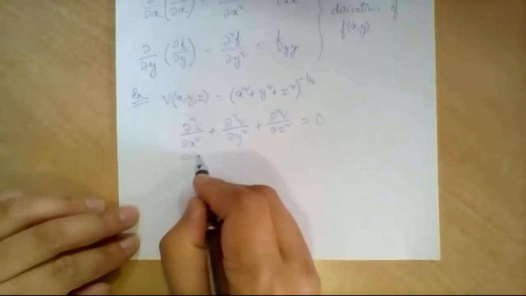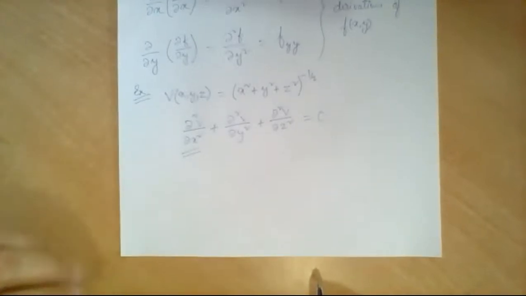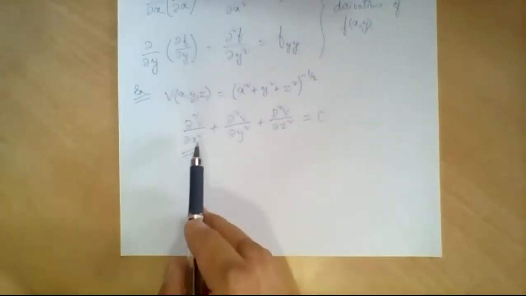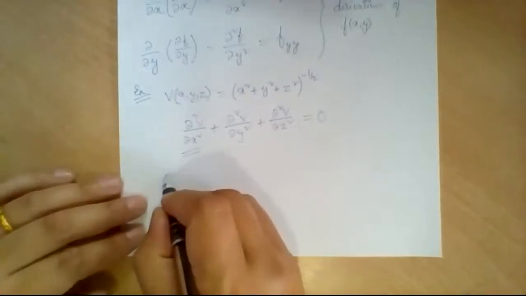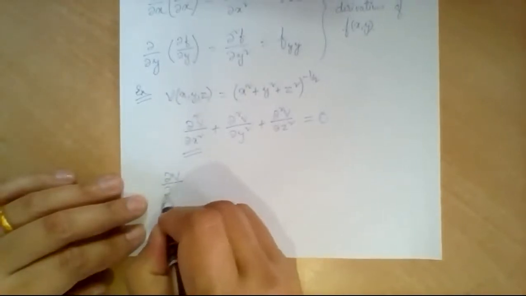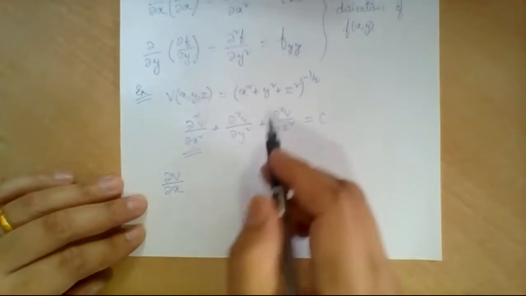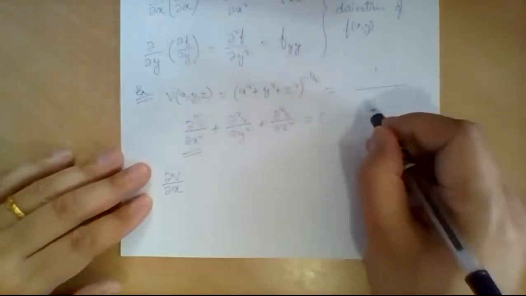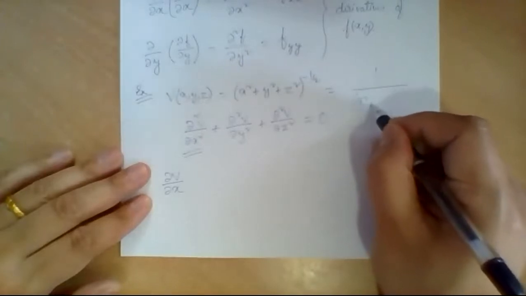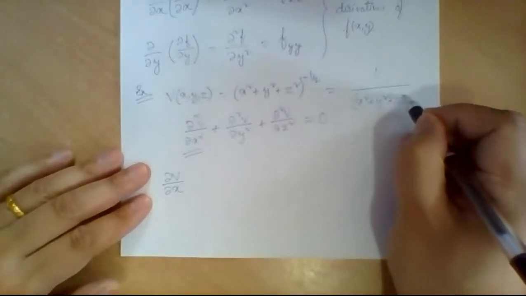Let us calculate del 2v by del x square. We need to differentiate v with respect to x two times. So let us first differentiate v with respect to x once. The given function is nothing but 1 by x square plus y square plus z square to the power half.